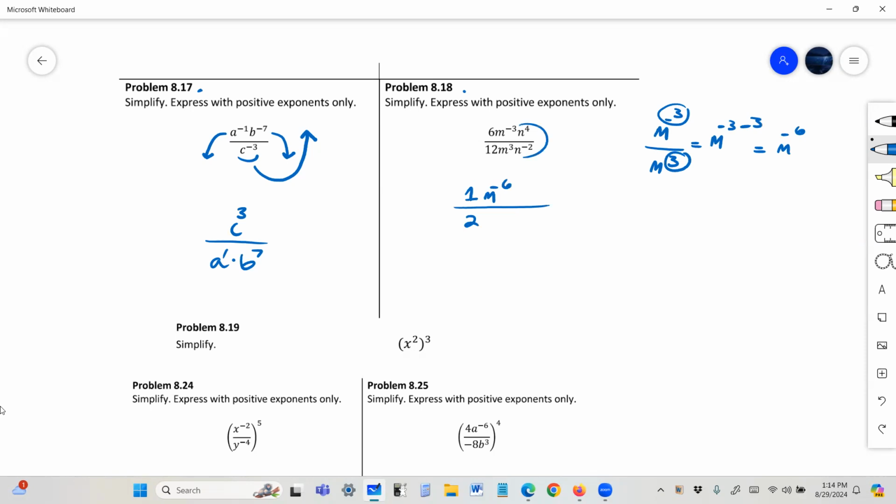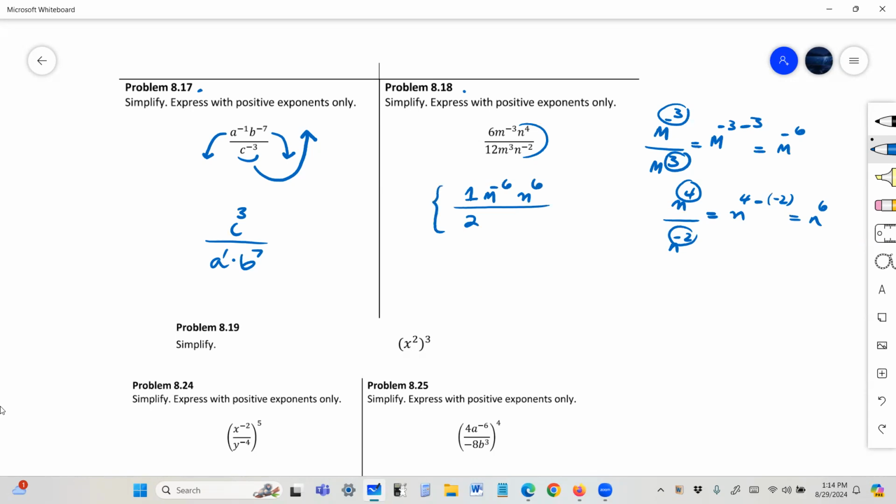And we'll do the same thing with the n, right? N to the 4th and negative 2. So this is the quotient rule again. So it's this exponent minus this exponent, which happens to be negative. So this will be 4 minus a minus 2, which is 4 plus 2, which is n to the 6th.